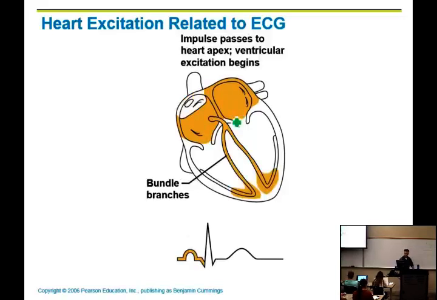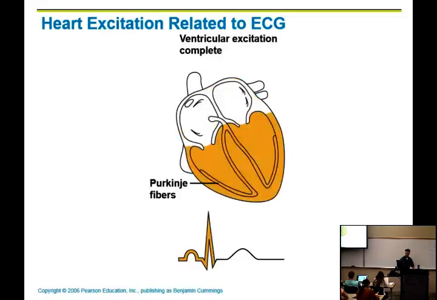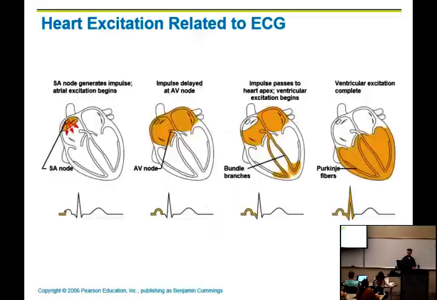Now the atria are going to be going into their relaxation phase, and the ventricles are starting to get stimulated. So now we get this big QRS wave here as the atria are relaxing, and now the ventricles are getting their stimulus to contract. Then finally, this last one that we see here, the T wave, is when the ventricles are going to go through repolarization and going to their filling stage.